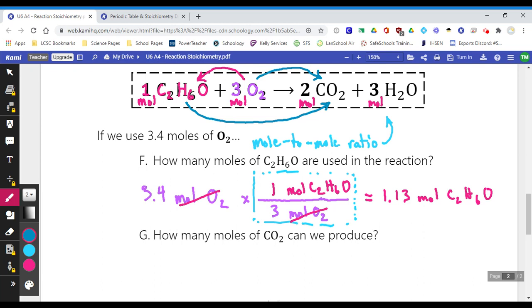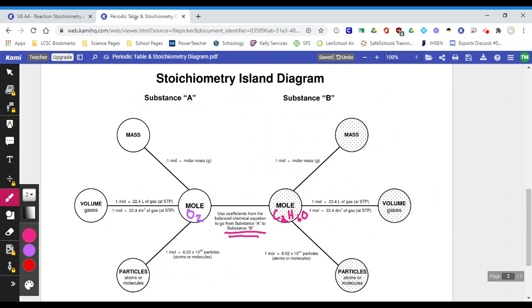So let's start back with our 3.4 moles of O2. And again, my stoichiometry diagram says I can go from moles of one thing to moles of another, as long as I'm careful about the coefficients and the balanced reaction equation.